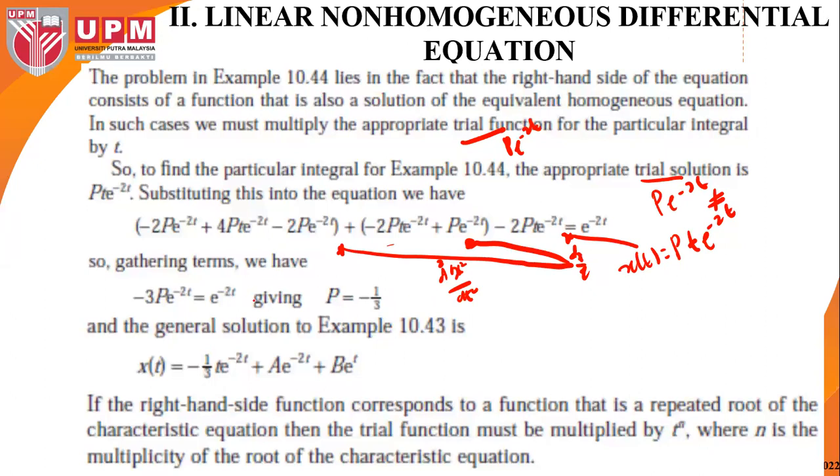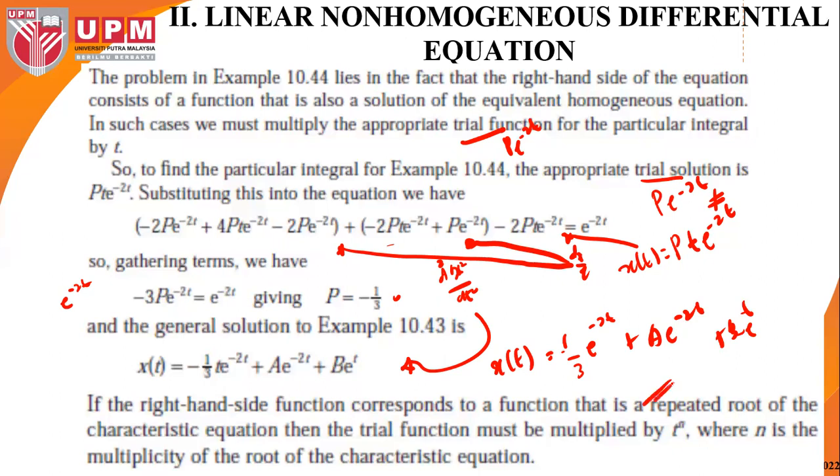So you can classify by the form of exponent. This one e^(-2t). On the left side, you get -3p e^(-2t). On the right side, e^(-2t). So automatically you will get your p is negative 1 over 3. Then you put it back in the general equation, which is your x(t) is equal to negative 1 over 3 t e^(-2t) plus A e^(-2t) plus B e^(t).